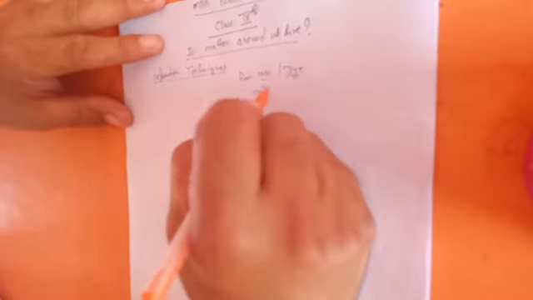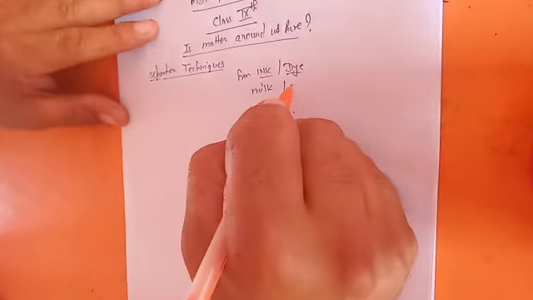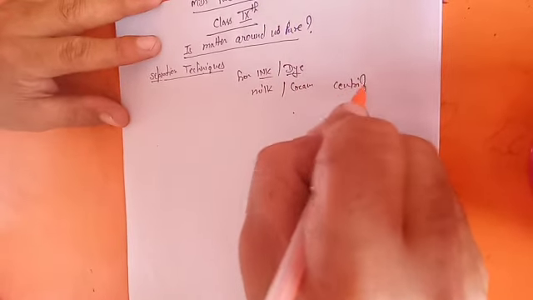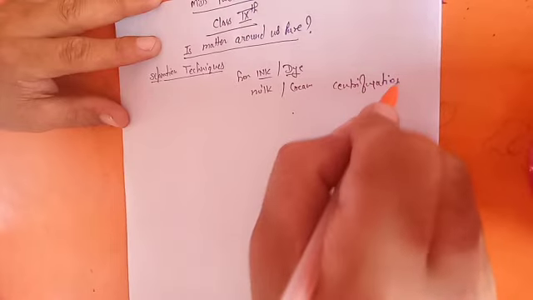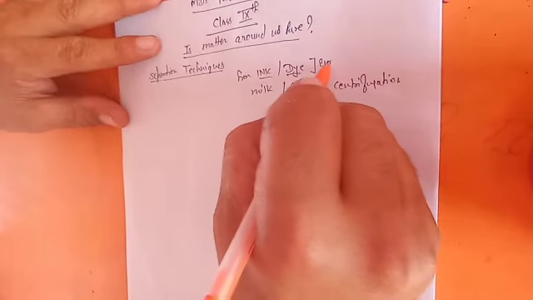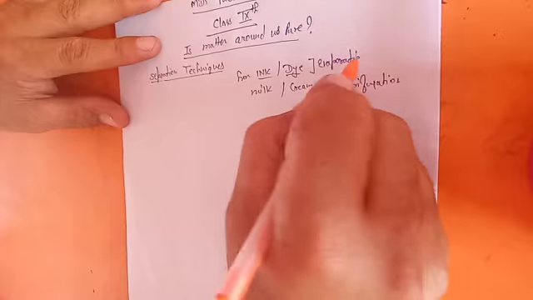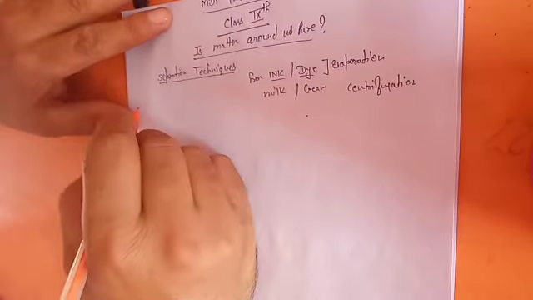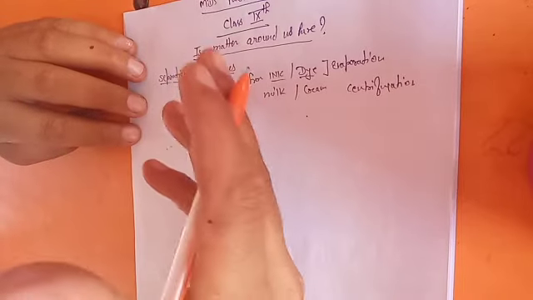From milk we separate cream. This is done by centrifugation, or by the evaporation or vaporization process. Now today we will discuss some more separation techniques.